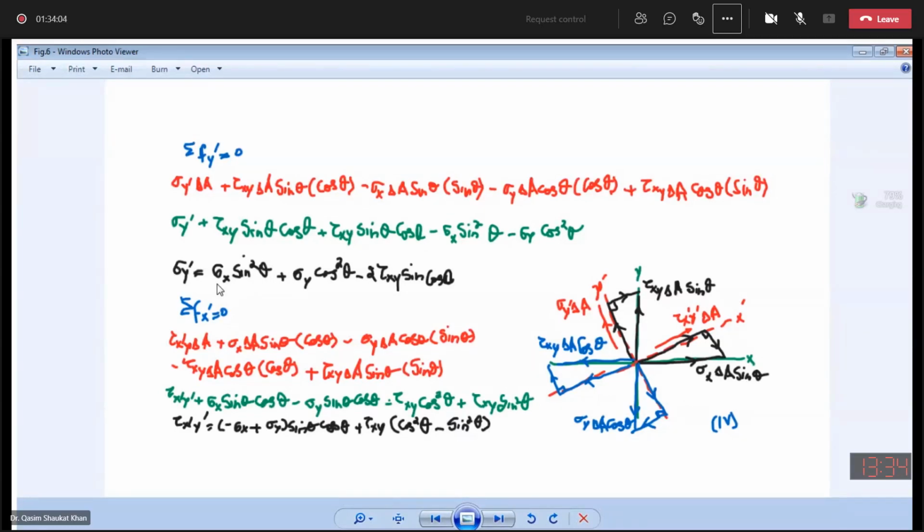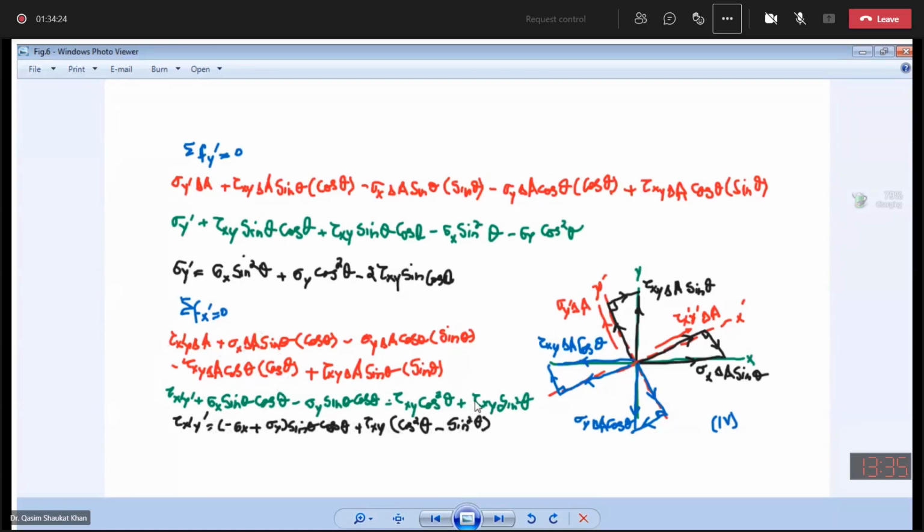Yes, sir. Okay, then comes the summation of forces about the x dash axis equal to 0. Before we start, one thing I want to let you know: this is a repeat. We already have the expression for tau x dash y dash.